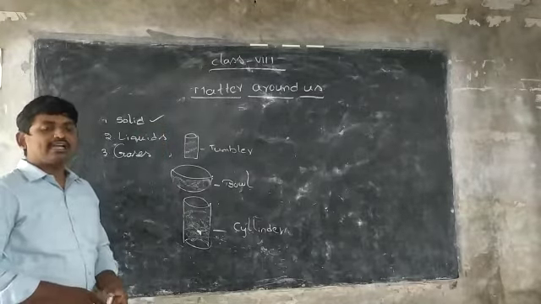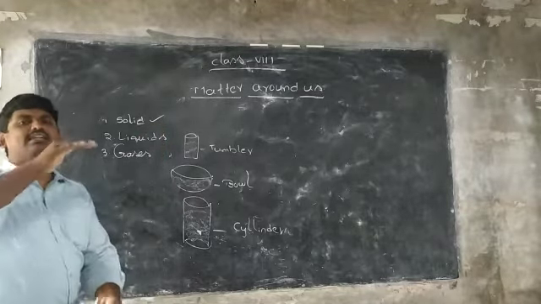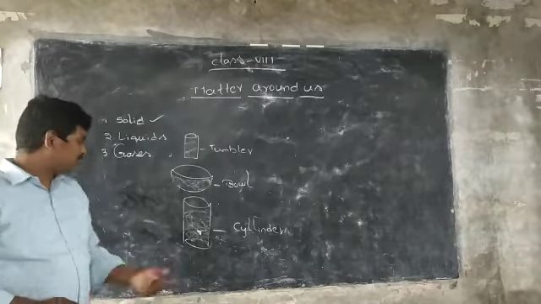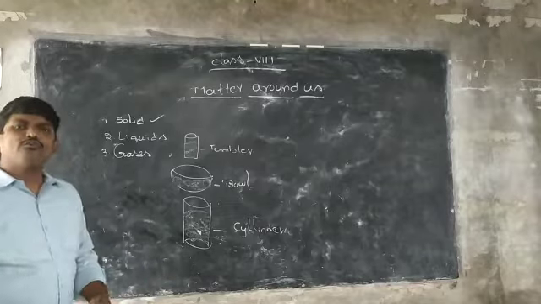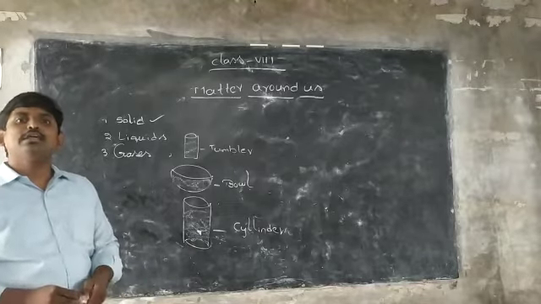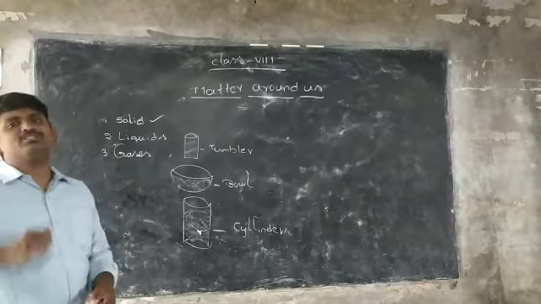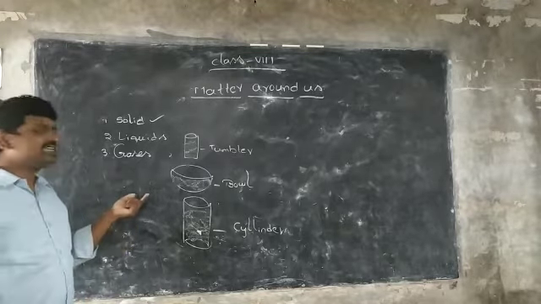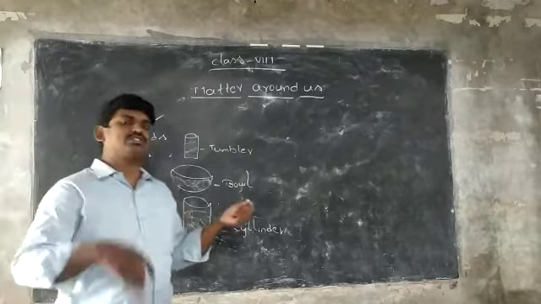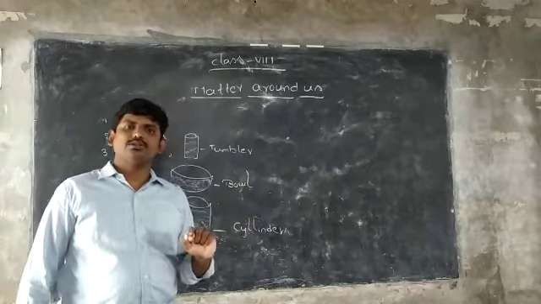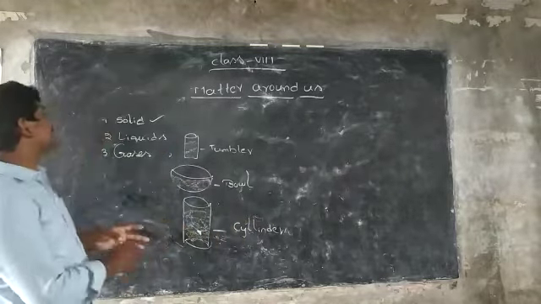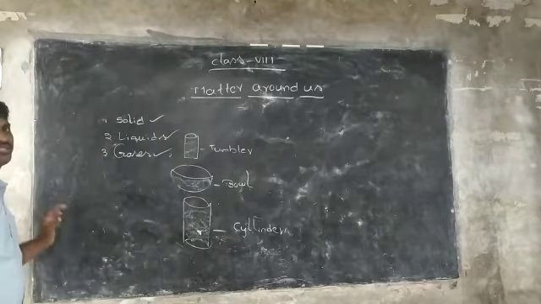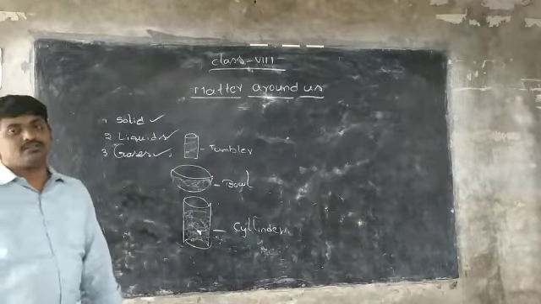If you fill gas into a cylinder, then the shape of the gas in the cylinder is cylinder. If you fill gas into an injection syringe, the shape of the gas is in the shape of the syringe. Okay, so these are the properties of solid state matter, liquid state matter and gaseous state matter.